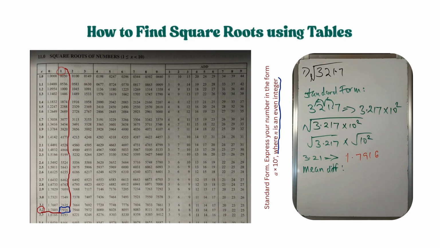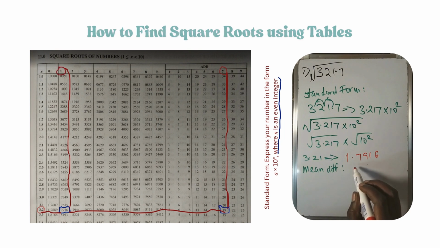The mean difference is under column 7, for 3.21 in row 3.2. That's 19. The mean difference is 19.